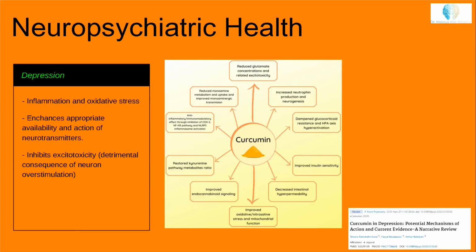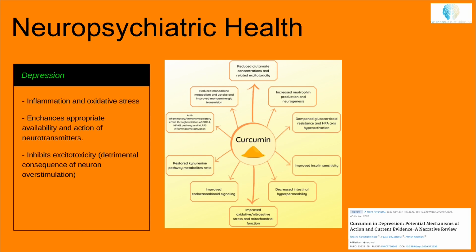Now, talking a little bit about depression. Beyond inflammation and oxidative stress, curcumin also has other effects, like, for example, enhancing the appropriate availability and action of neurotransmitters. We now know that depression and anxiety have much more going on than just a deficiency, a lack of neurotransmitters.